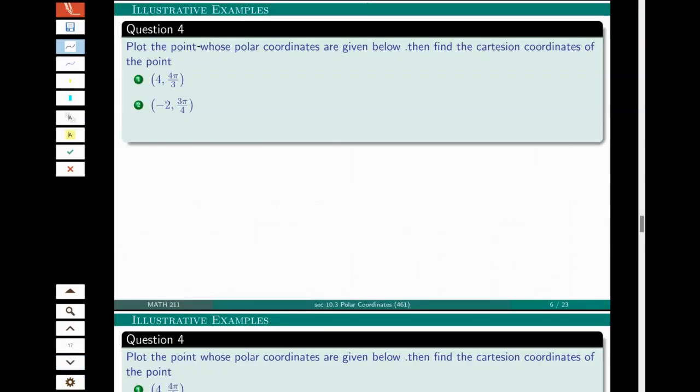Now here we have r is equal to minus 2 and theta is equal to 3 pi over 4. If we draw it using the polar coordinate system, this is 3 pi over 4, because if it is 4 pi over 4, it's here, so this is 3 pi over 4.